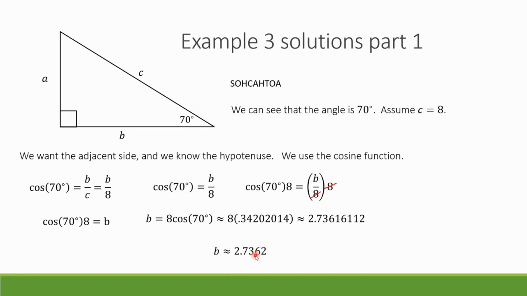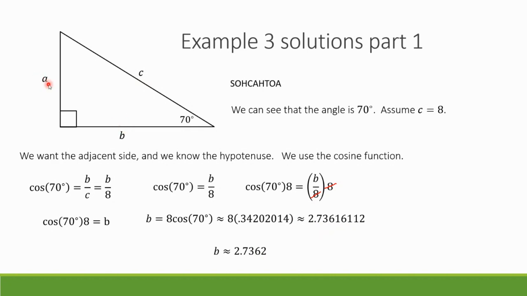So if I were to tell you to round to 4 decimal places, I would use at least 6 decimal places in your calculations. So, the more the better, but you don't want to use too many. All right. So now we know what B is.